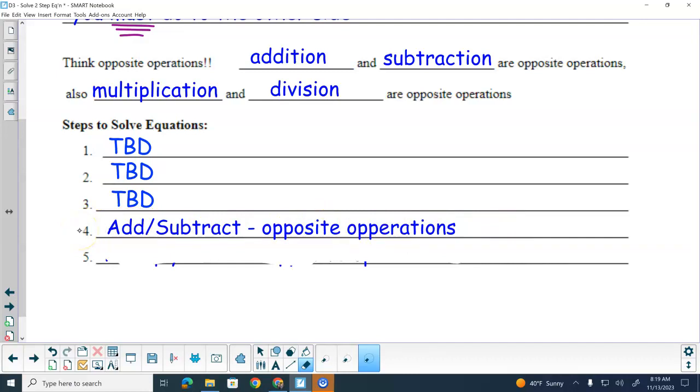So like we did in the first example today, if we were adding 3 in the problem, we subtracted 3 to clear it. Then after that, the last thing we do is we clear our multiplication and our division, again using opposite operations. So if they're being multiplied, we divide. If they're being divided, we multiply. Pause again so you guys can write.